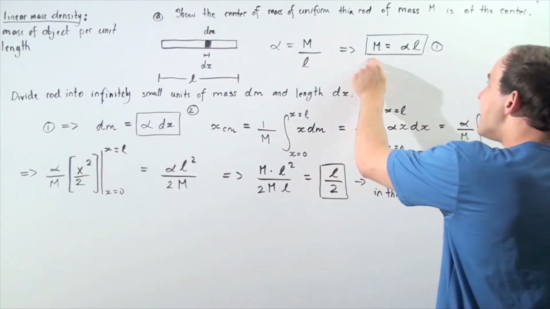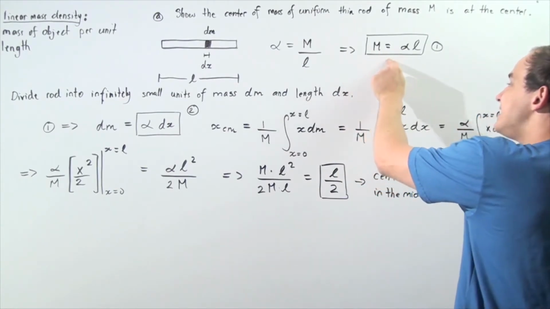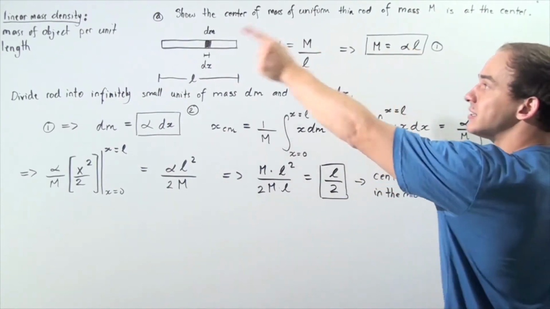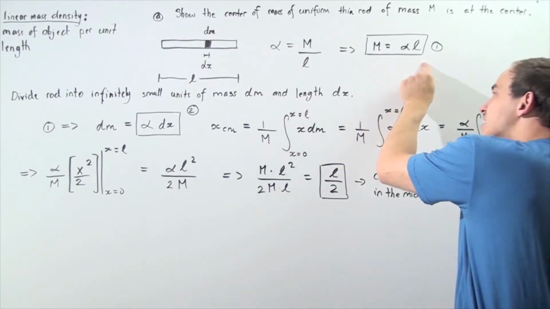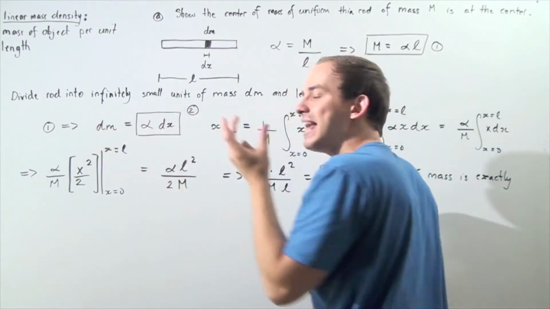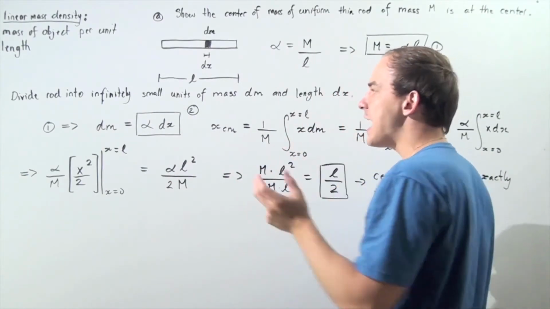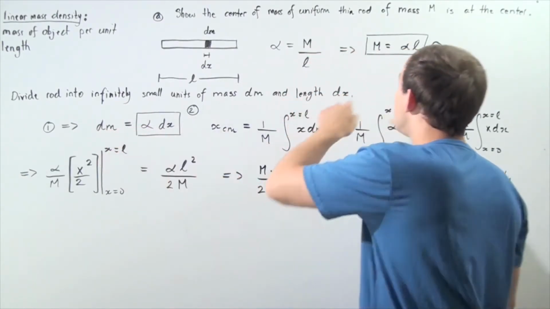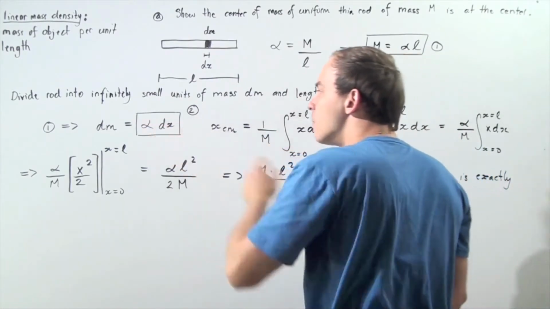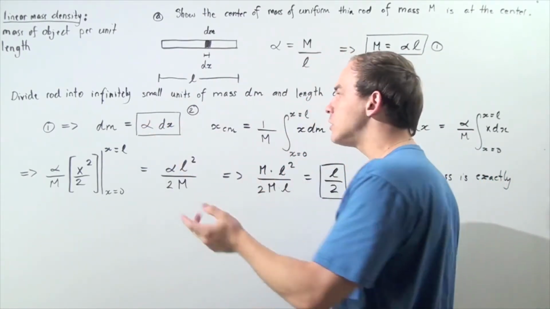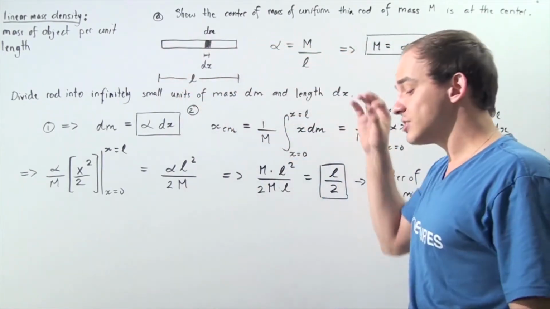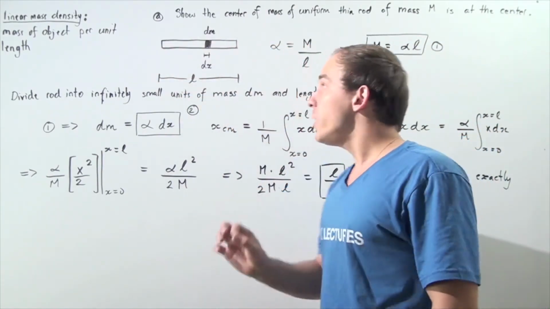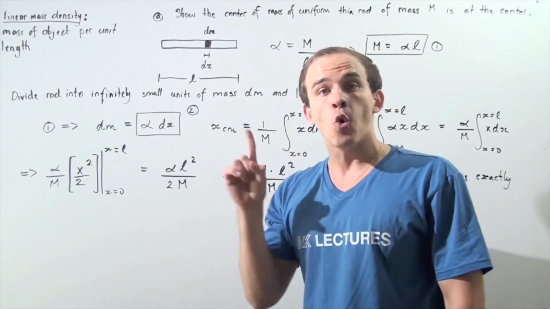Because the total mass is equal to our constant linear mass density multiplied by total length, we can say that an infinitely small change in mass is equal to the same constant alpha multiplied by an infinitely small change in x.